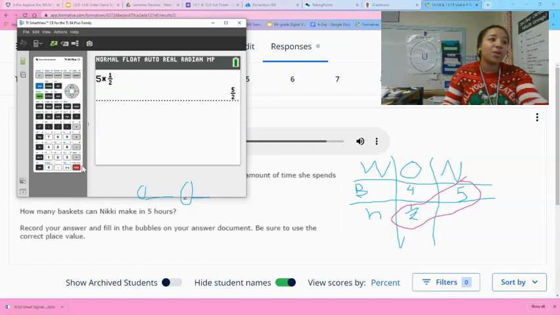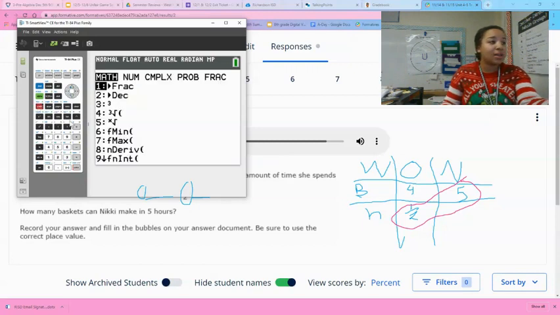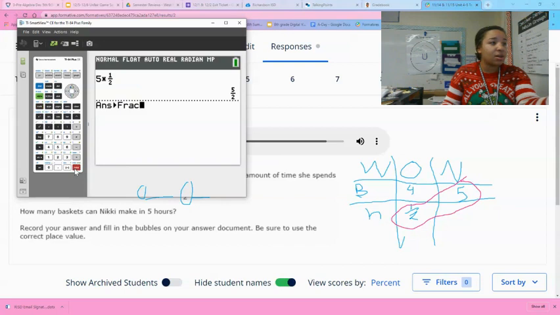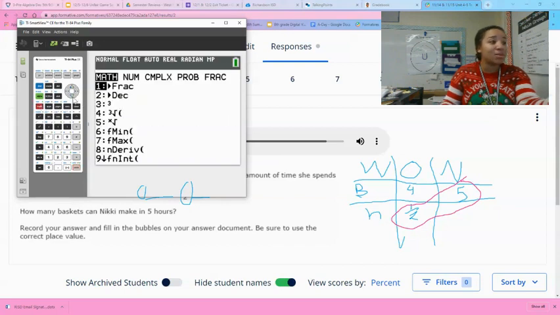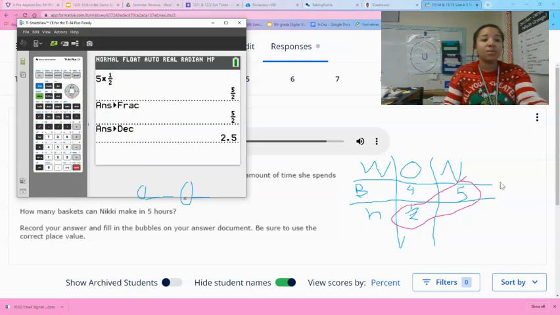Okay? But if I want to know what that is as a decimal, I can press math, enter, enter again. Press math, go down to decimal to change it into a decimal. Press enter, enter again. You're going to get 2.5.